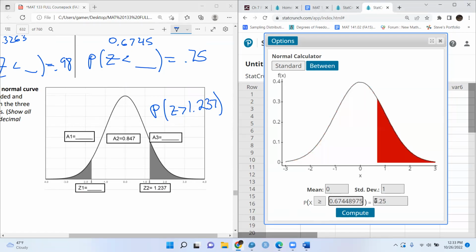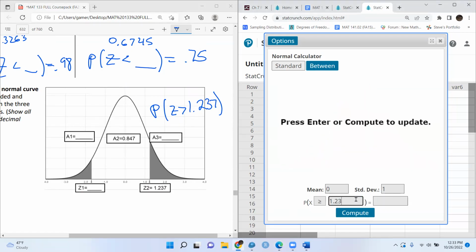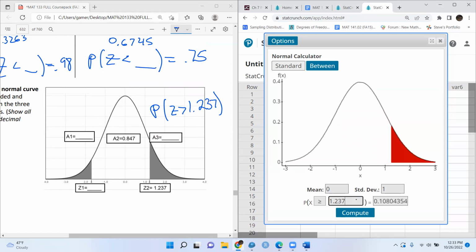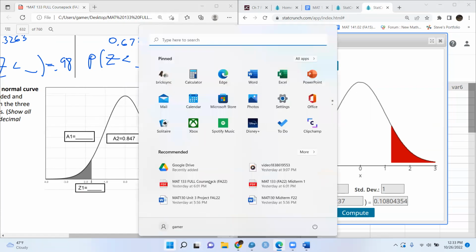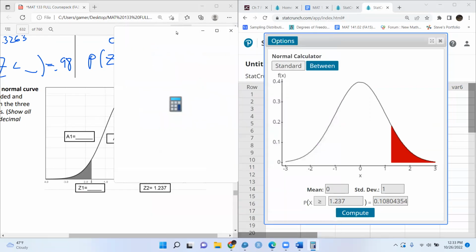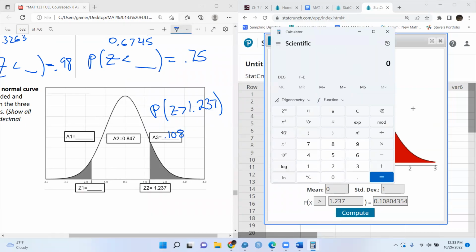So I'm typing in 1.237, computing, and I get 0.108. At this point, I could do all kinds of different things to get these other areas. I can just use my calculator and put the 0.847 with the 0.08, add those two together. So that's all of this area, and then subtract that from 1 to get the lower area, which is 0.045.